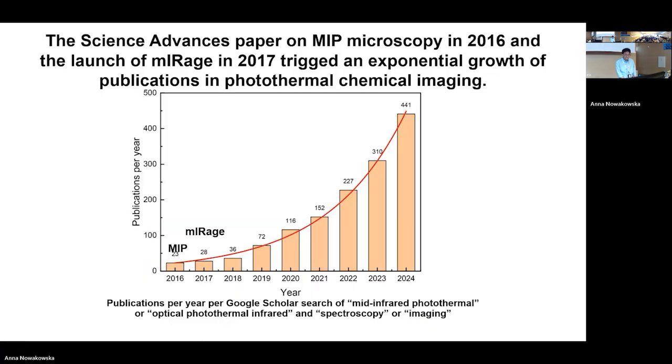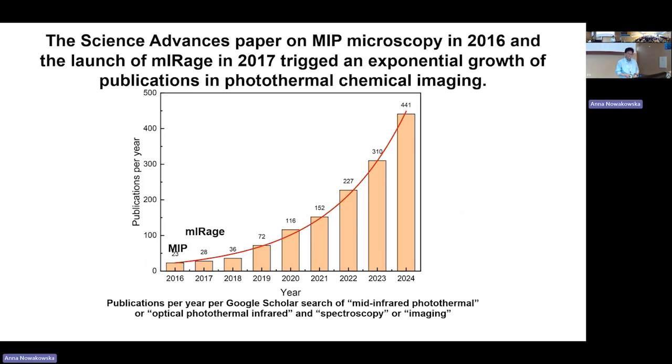This integration of innovation and entrepreneurship together has built a new field with exponential growth of the publications. And I'm sure you will hear very exciting applications from the speakers in the audience.